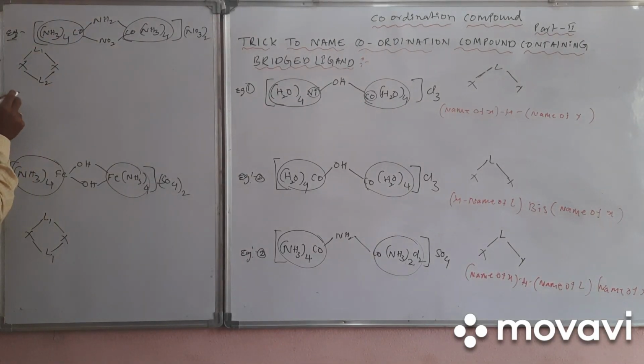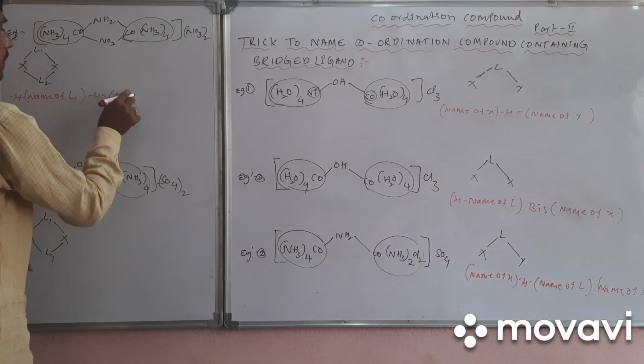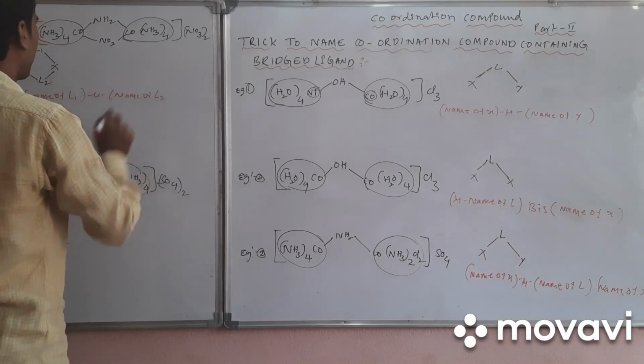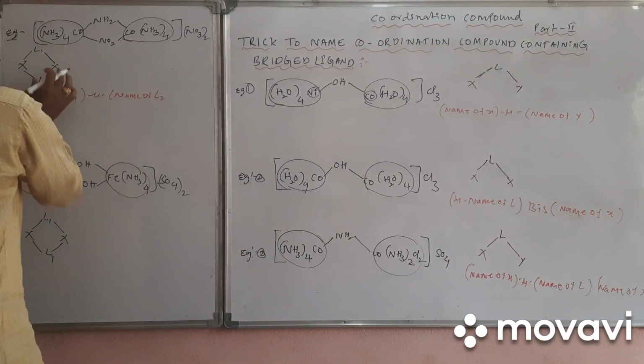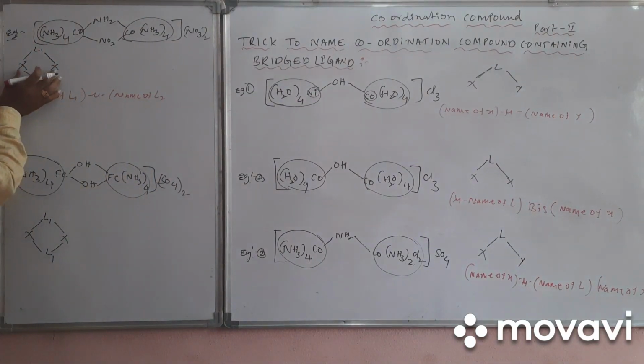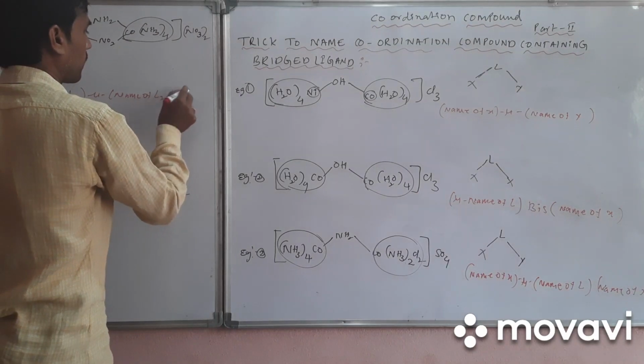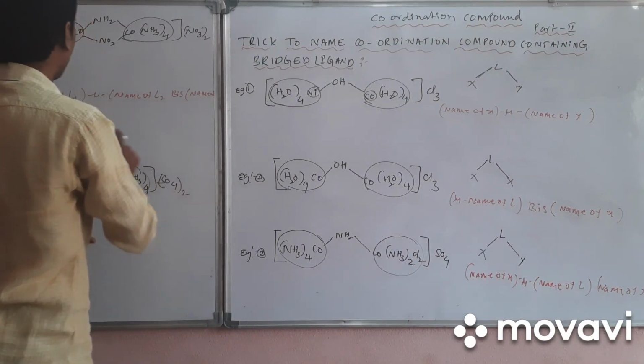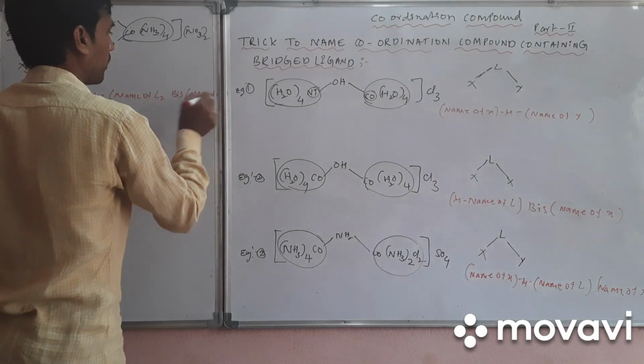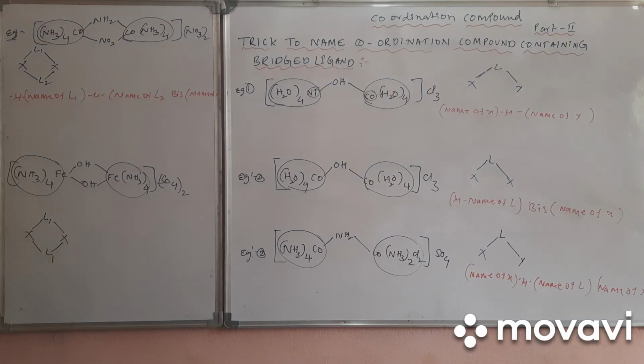Before the ligand name we use mu, name of L1, next mu, name of L2, followed by, since these two are the same, bis, next name of X. In this case these two are the same, that's why we use the name of ligand L1.